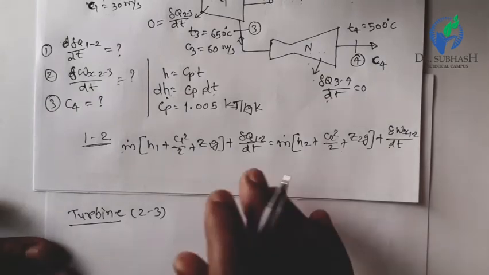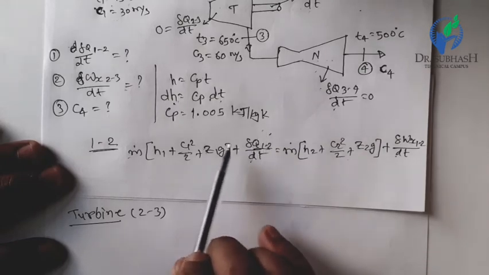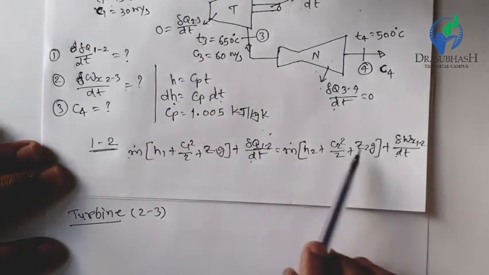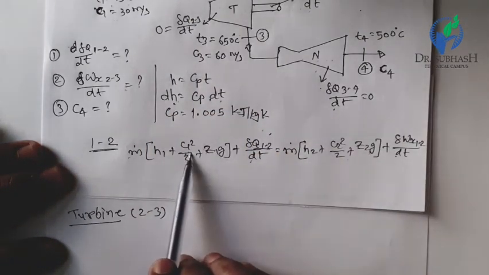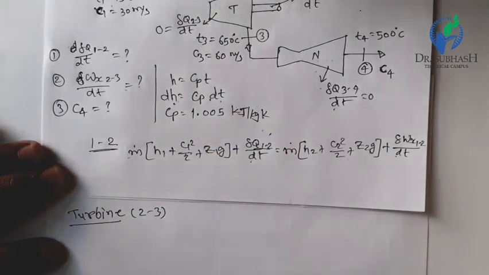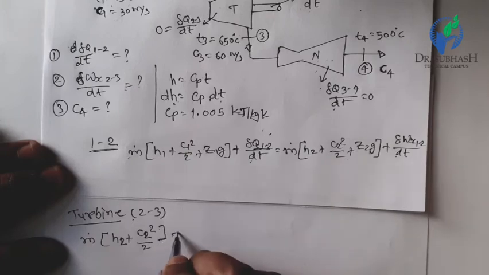So our equation will reduce to mass flow rate times H1 plus C1 square, sorry, here we will not use H1, we will use 2 and 3, so it is H2 and C2 square by 2, no need to write Z1 Z2, plus dq by dt, there is no heat transfer, here it is already given 0, so no need to write anything here, equal to mass flow rate times H3, enthalpy at the outlet, plus C3 square by 2, no need to write 0 because Z1 = Z2 we have already neglected.